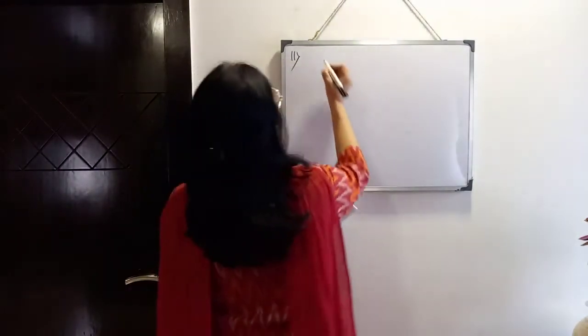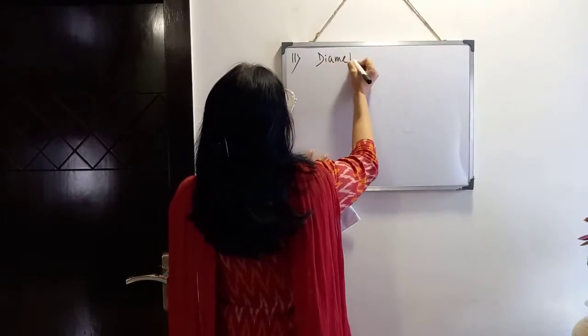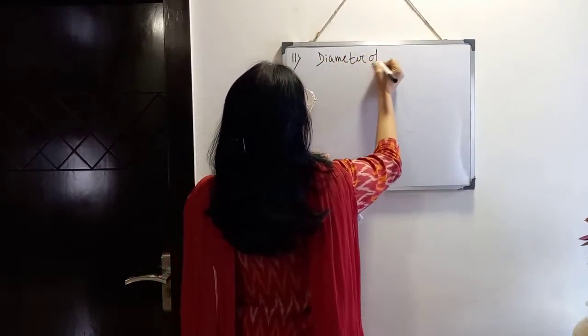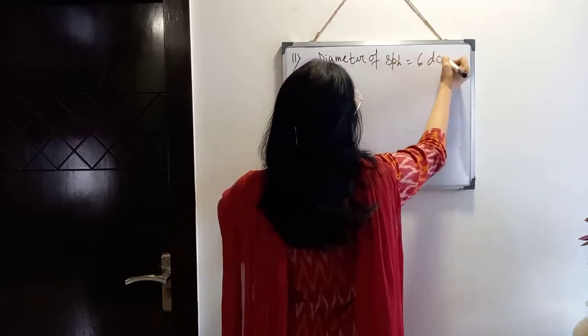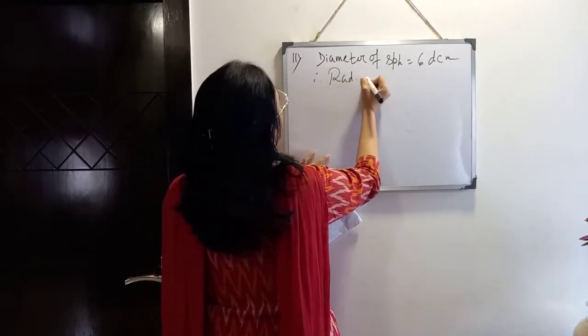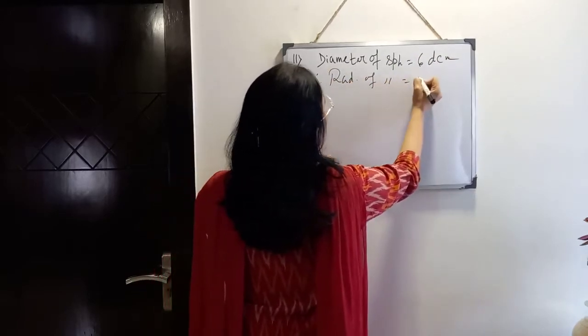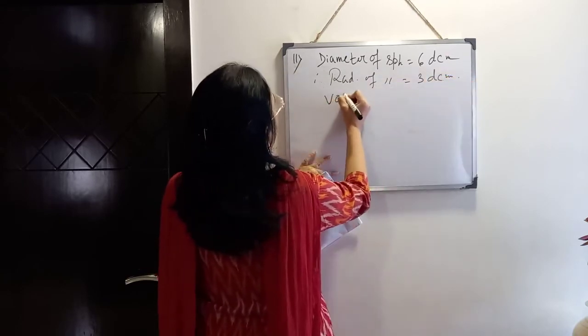Diameter of sphere is six decimeter. Therefore radius 3 decimeter. And volume of sphere.